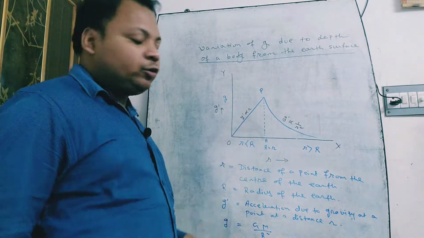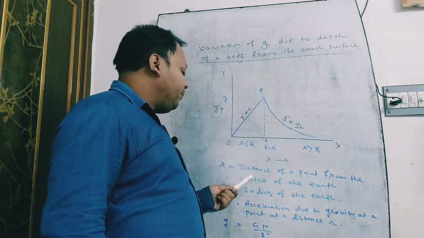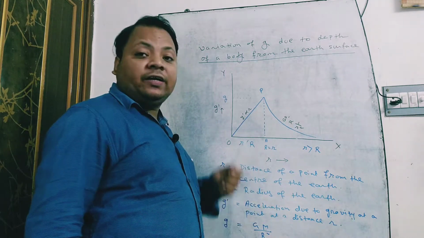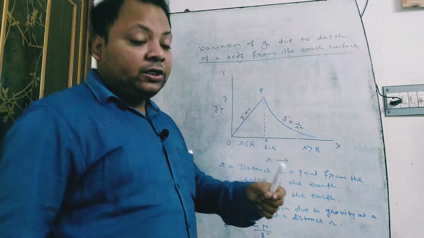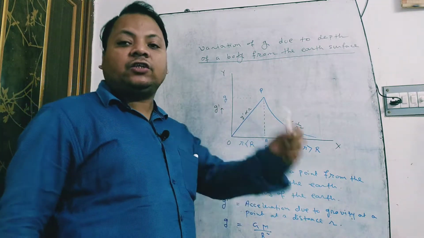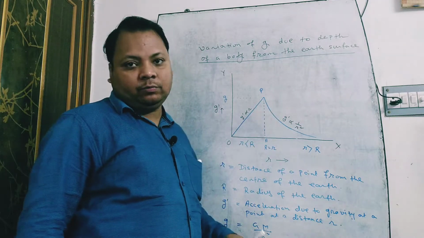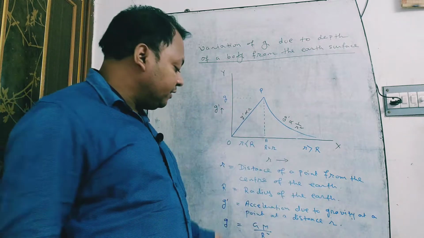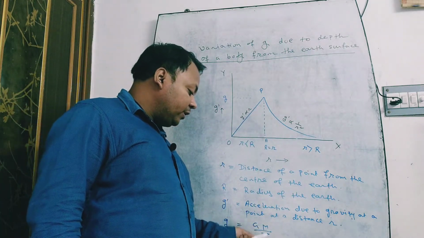This graph shows the variation of g prime with respect to small r. Here small r is the distance of a point from the center of the Earth, and g prime is the acceleration due to gravity at that point, and small g is the acceleration on the Earth's surface, that is small g is equal to capital G capital M by capital R square.